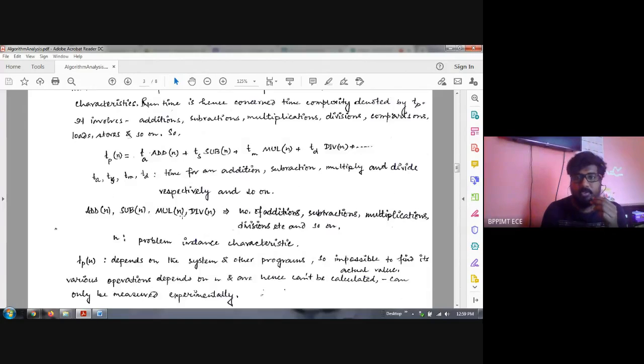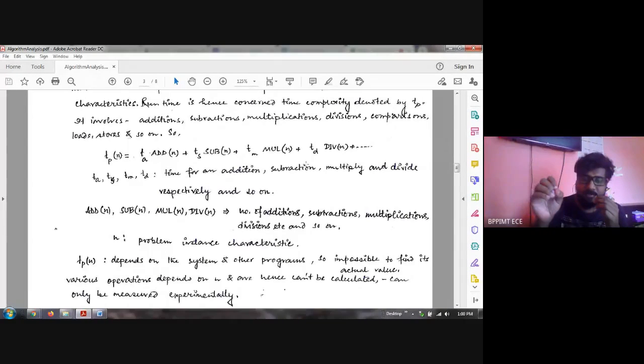We may hypothetically propose that in tp(n), n is the number of elements in the data structure, though there may be some other variables too. So in short, tp(n) for the problem instance is equal to Ta times ADD(n), plus Ts times SUB(n), plus Tm times MUL(n), plus Td times DIV(n).